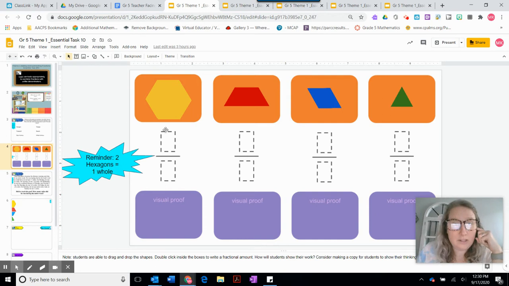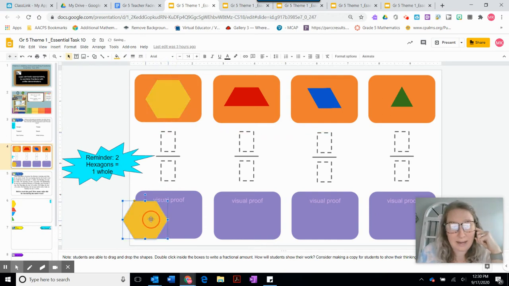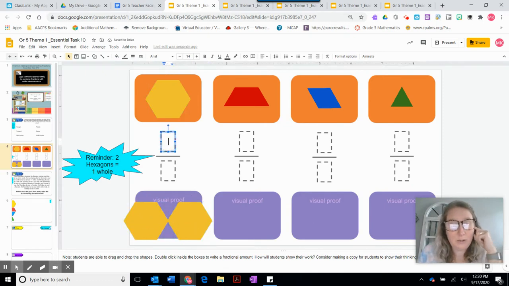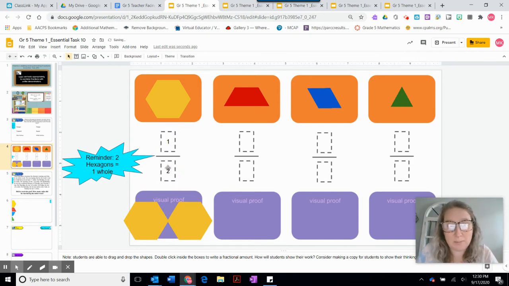So for this, students can actually drag these down. So for example, if 2 of these is 1 whole, 1 of these then would be 1 half. What I'm doing here is double clicking in these boxes and typing the fractions. And students can drag, manipulate.